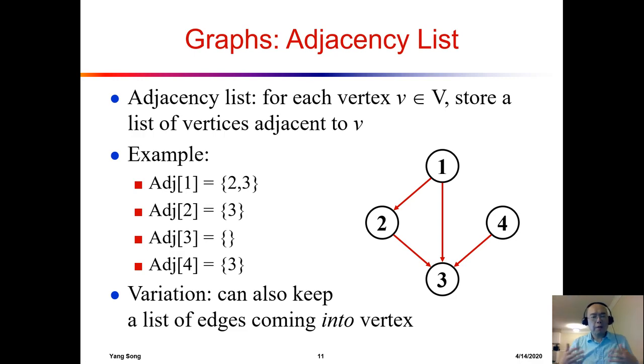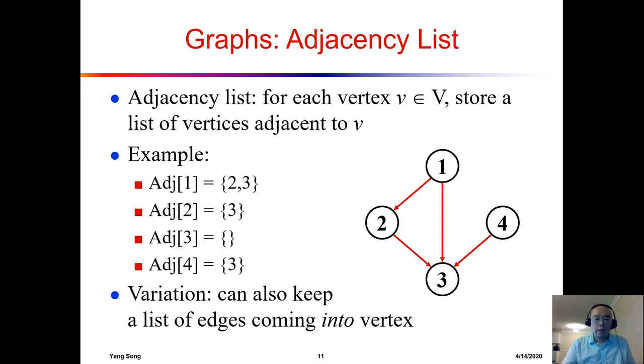And you may feel like this works better if we have a very sparse graph. A variation is to keep the list of the edges coming into the current vertex, and that can also work.